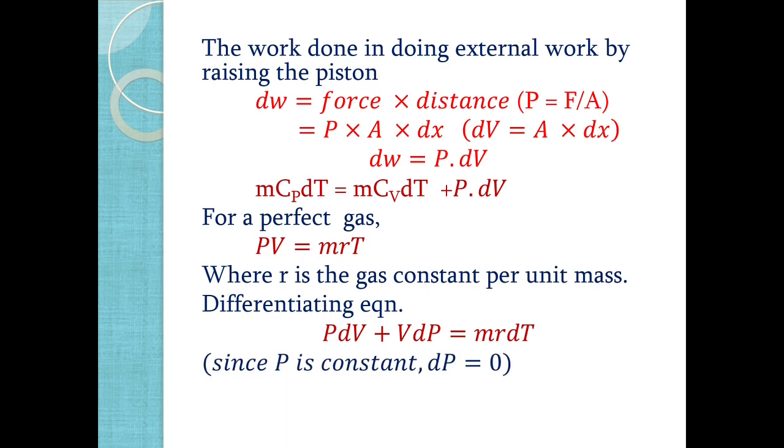Since in this case the pressure is kept constant, dP will be equal to 0, because when we differentiate a constant we end up with 0. So substituting, we get P dV equal to m r dT. So in place of P dV, let us write m r dT.